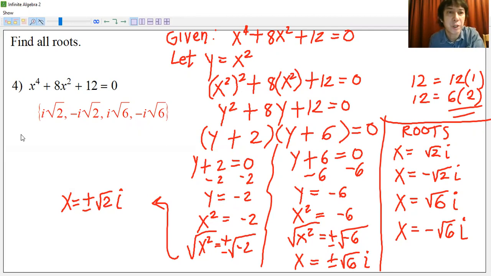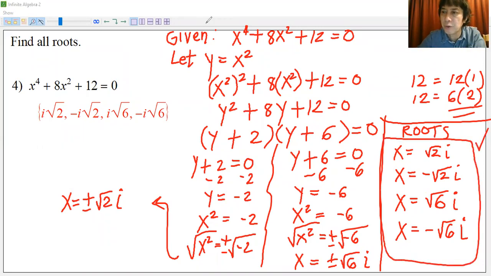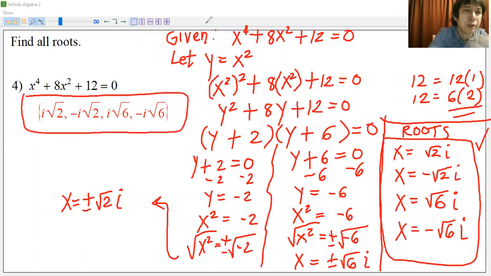They're all the same. You can write the i in front, okay? Same thing. All right, and so we are correct. These are the roots of the equation. All right, computer's answer over here. All right, let's continue with the next.